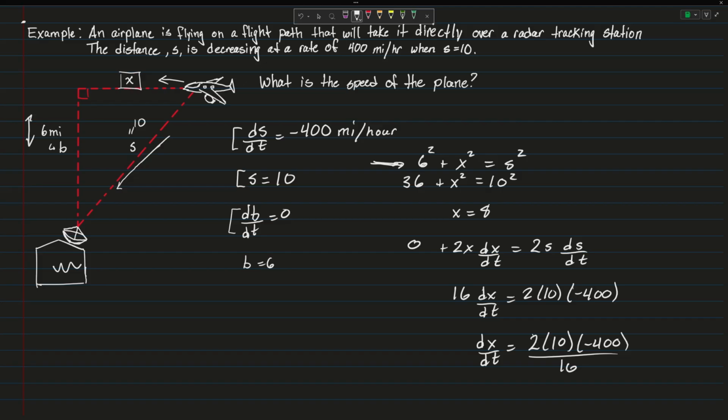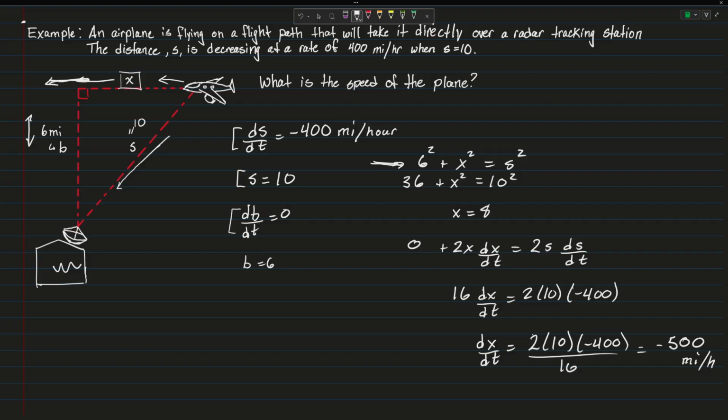If we simplify this, we should get negative 500. Yep. And this would be negative 500 miles per hour, which means this plane is going in this direction at negative 500 miles per hour.